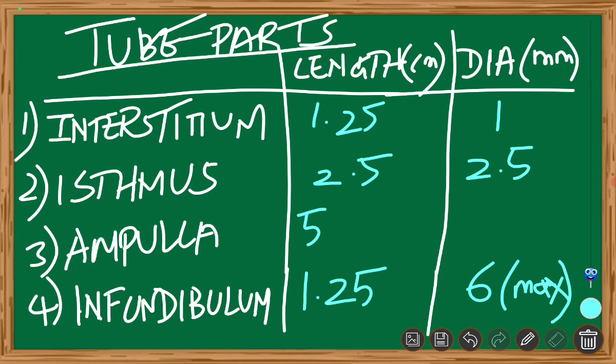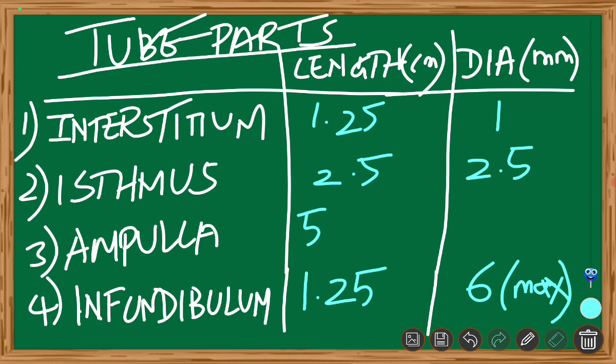The isthmus is almost straight, and it measures 2.5 centimeters in length and 2.5 millimeters in diameter. The ampulla is the tortuous part, and it measures 5 centimeters in length. The infundibulum measures 1.25 centimeters in length and a maximum diameter of 6 millimeters.